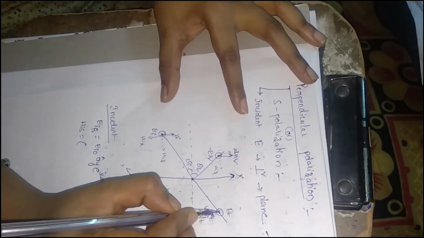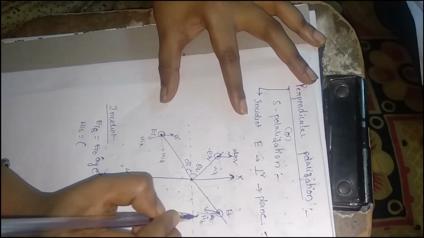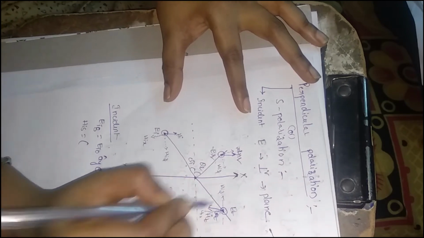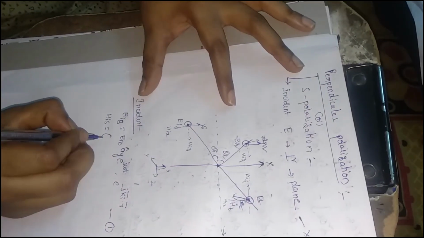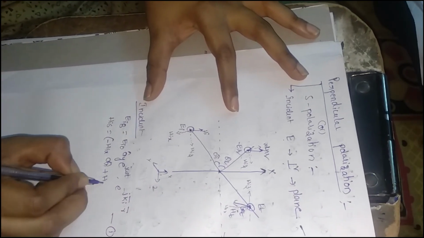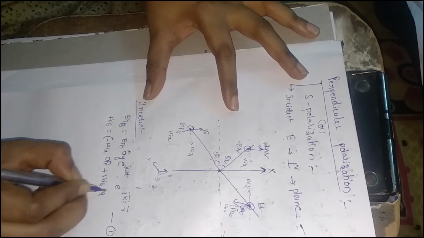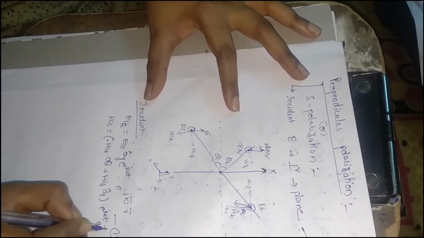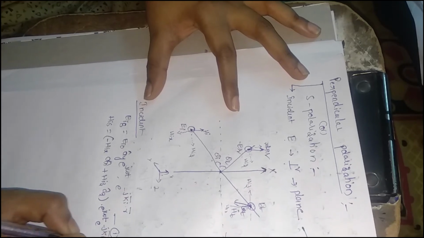Here negative X direction, negative Z direction. Minus HIX AX cap plus HIZ AZ cap, into e power j omega t, e power minus j ki bar dot r bar.